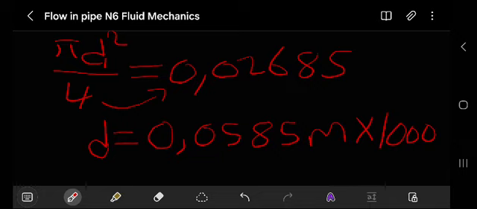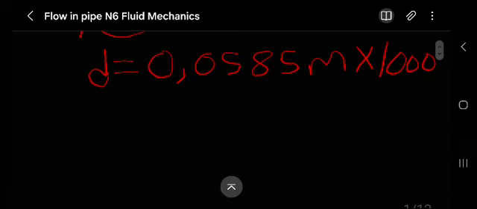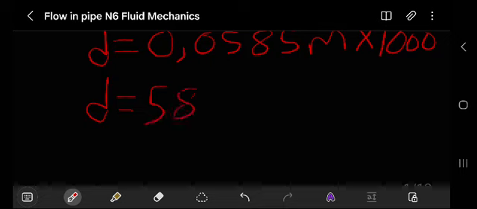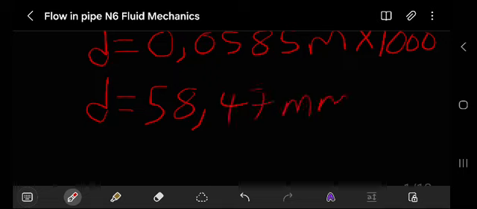Yes, you multiply this by 1000, the diameter d will be equal to 58,47 millimeter. This will be in millimeter, right?